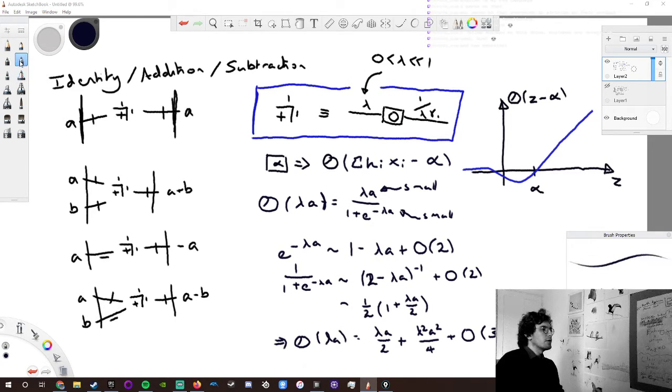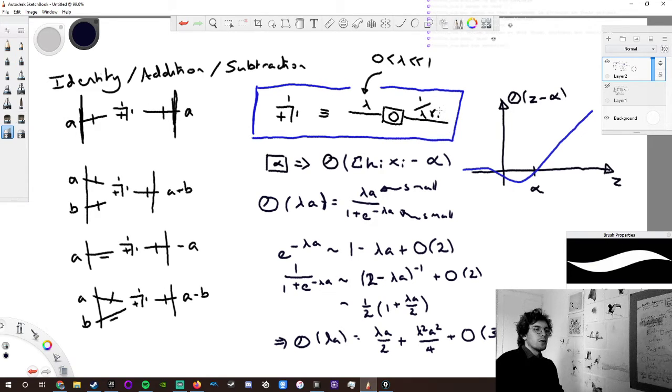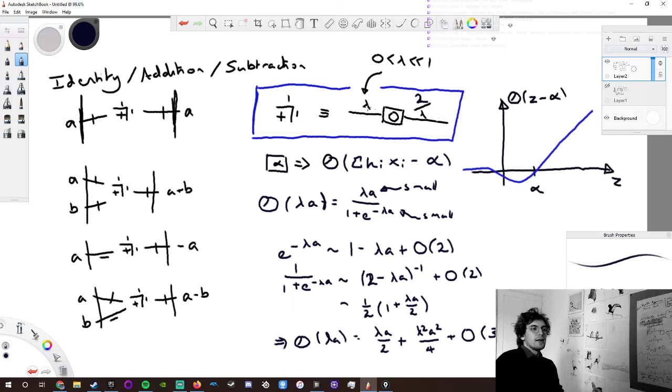Is that the pen I'm using? No, that's the pen I'm using. Lambda 1 is 2. So actually we know that we're just going to multiply through by 2 here. And we'll have got back our original answer. So, great. We have the ability to add and subtract numbers. Woo, go us.